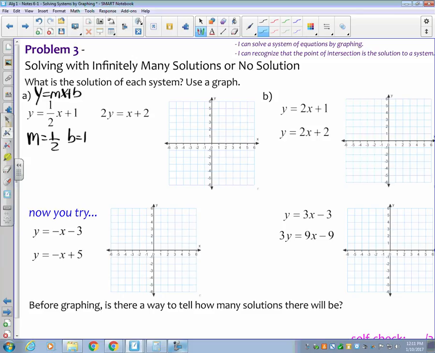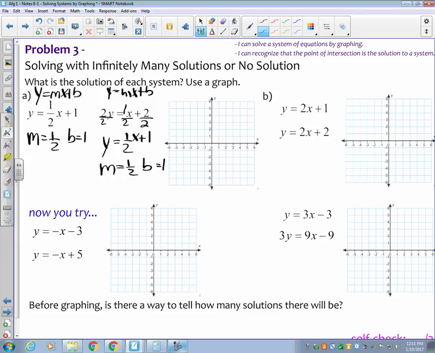In this case, I don't have it in y equals mx plus b form. So I have to divide everything by 2 to get it into y equals mx plus b. So that would be y equals 1/2 x plus 1. So my slope is 1/2 and my b is 1.